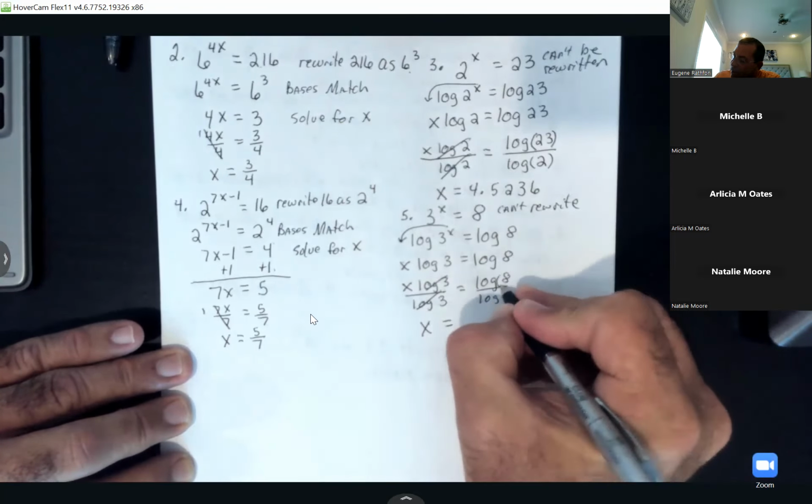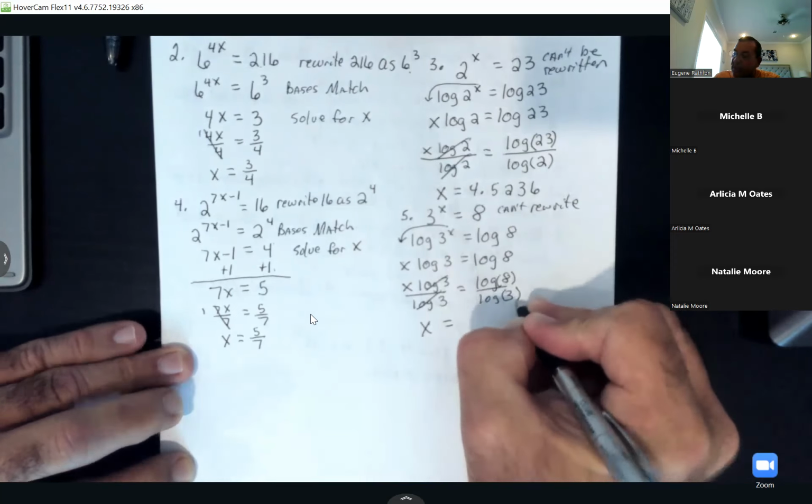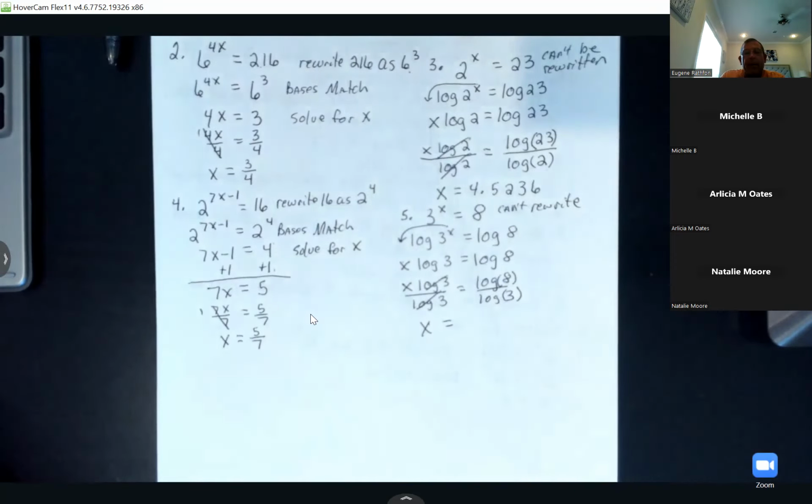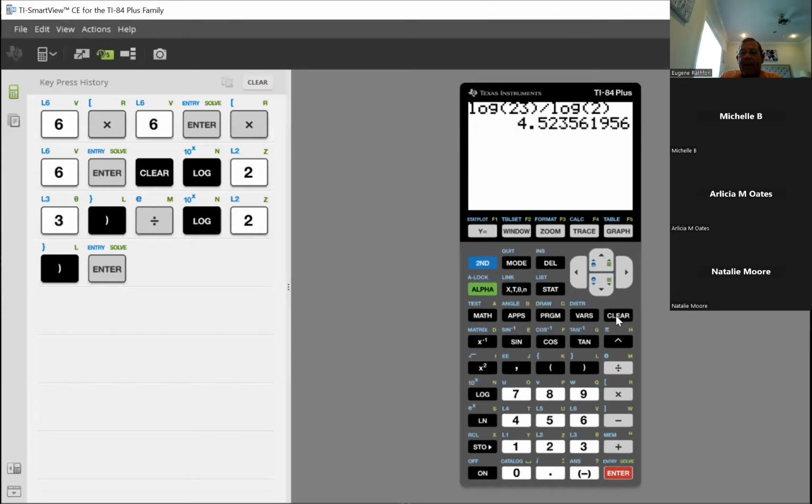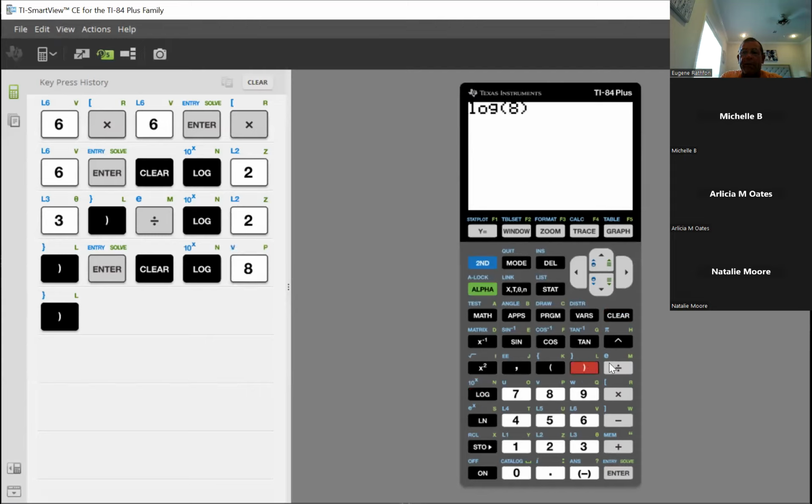Remember, doing this on the calculator, close those parentheses. All right, so let's see what that's going to give us. That is a log 8 divided by a log 3. So I'm going to hit my log 8, close parentheses, divided by log 3, close parentheses.